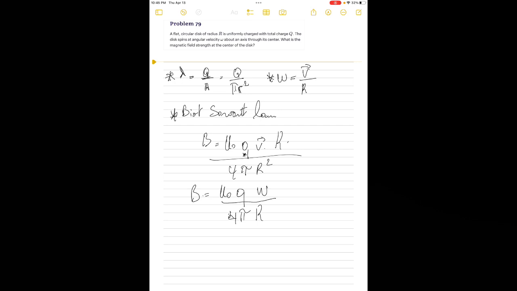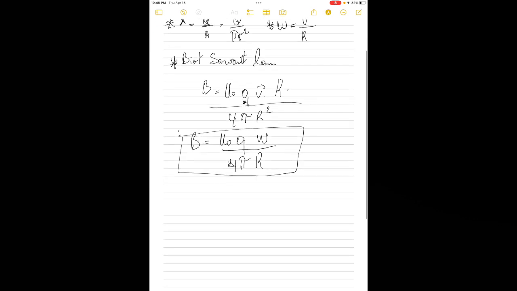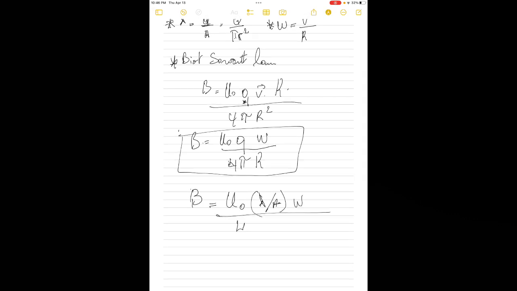So what are we going to do here? We're going to use the charge density. We're going to replace it in this equation here. So B equals the constant, the charge equals the density multiplied by the area, multiplied by the angular velocity, divided by 4 pi r squared.